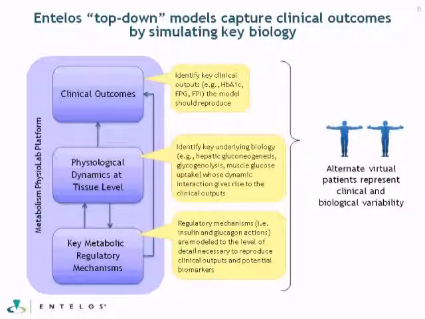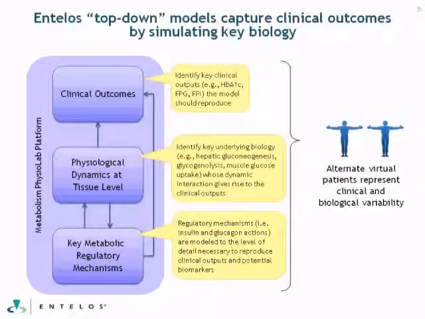The second layer is the physiological dynamics at tissue level, which are key biology whose interactions give rise to the clinical outcomes. In the metabolism platform, we've captured major physiological systems necessary to represent the pathophysiology of type 2 diabetes.